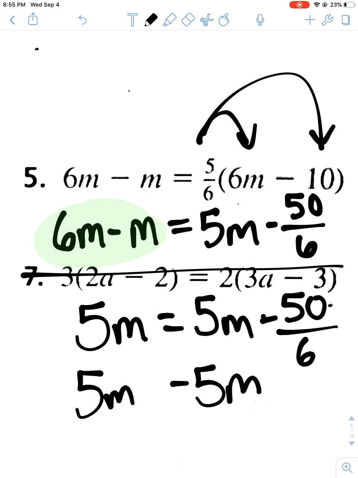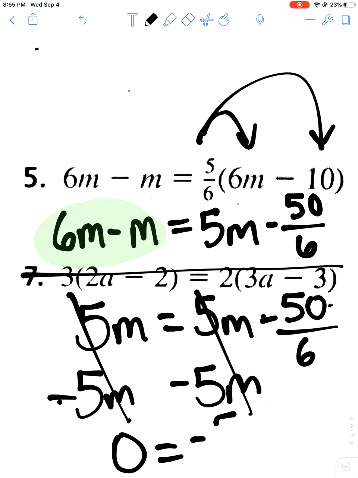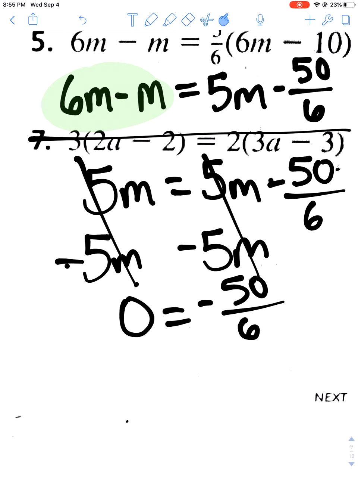But that's subtraction, subtraction, and again, they cancel out. But I need something over here, so I've got to write a 0. Now, does this make sense? Does 0 equal 50 over 6? Well, of course not. So we have a no solution.